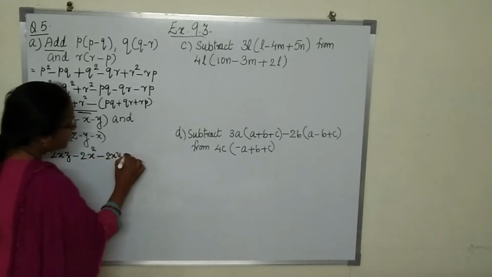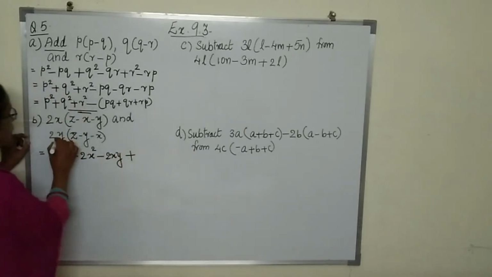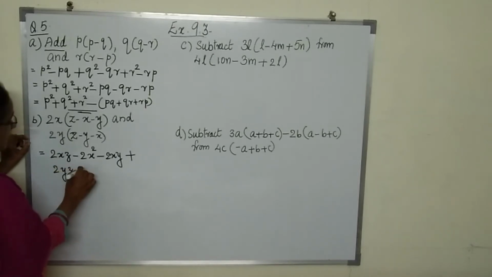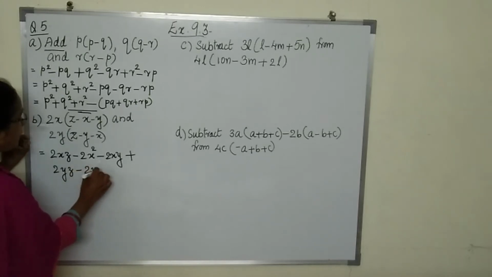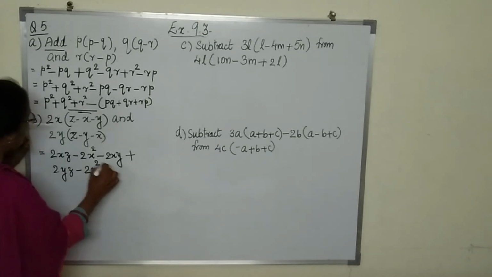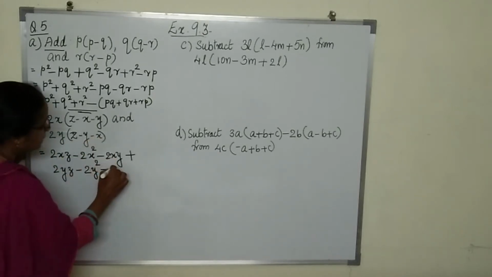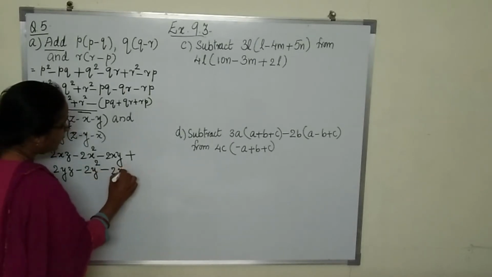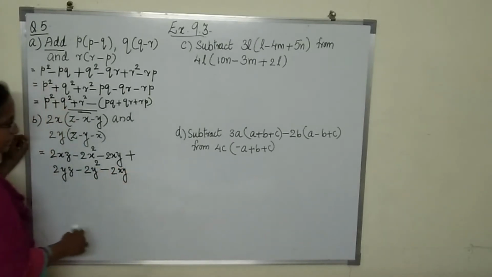We have to add, so plus 2y into z is 2yz, minus 2y into y is 2y square, again minus 2y into x is 2yx. It can also be written as 2xy.